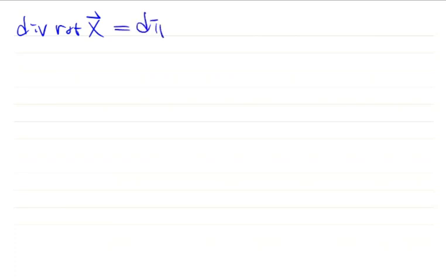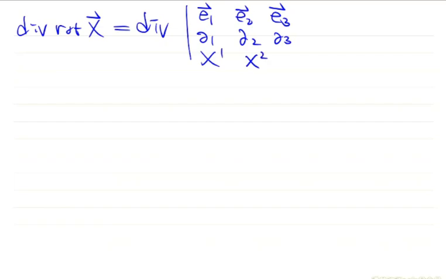This is the divergence of curl X. Curl X is the determinant of, maybe I will use the bar, the coordinate unit vectors, then partial with respect to x1, x2, x3, then the components x1, x2, x3.